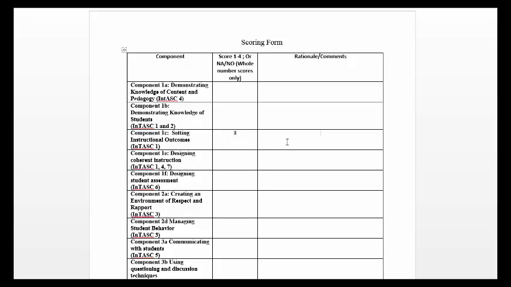The feedback and comments should highlight why you gave them a 3. So when I read these forms, I should know clearly, without even looking at the score that was given, that it was a level 3.